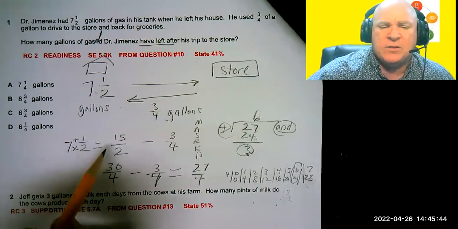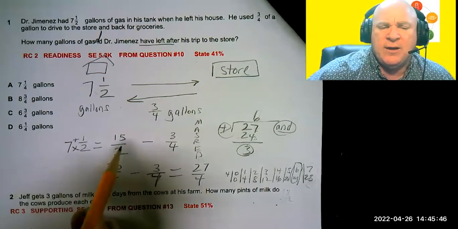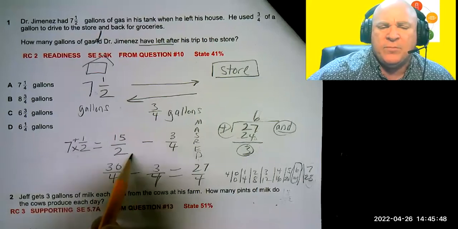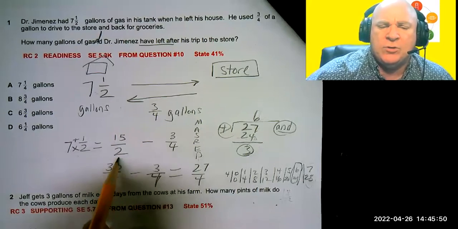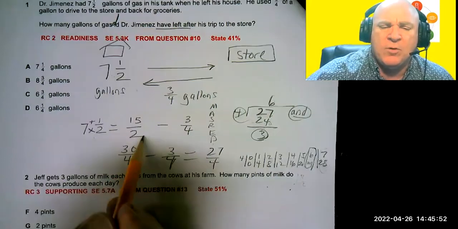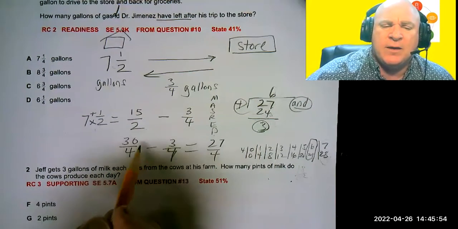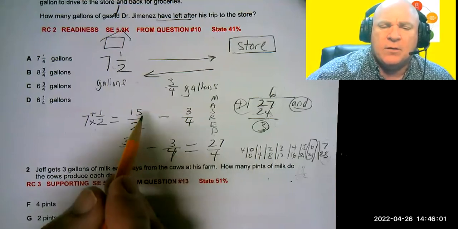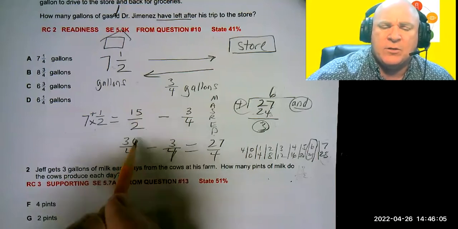But since we still don't have a similar denominator, we have to do the multiplication property of equality, where let's multiply the top number times 2, the numerator, the dividend, times 2, 30, and the divisor, the denominator, times 2, 4.